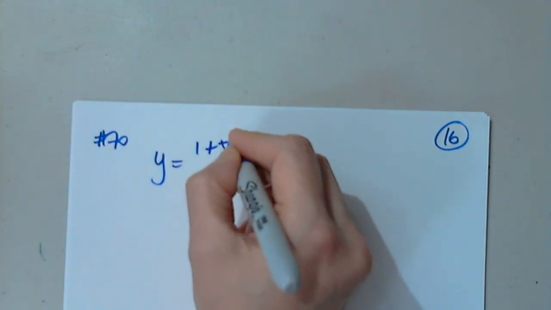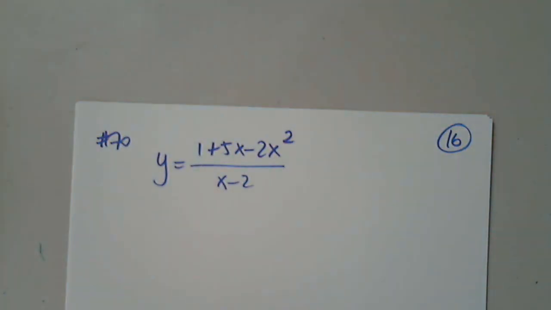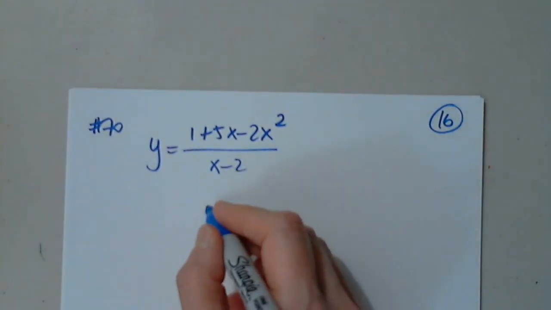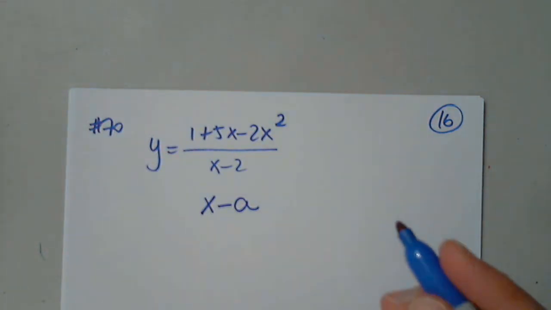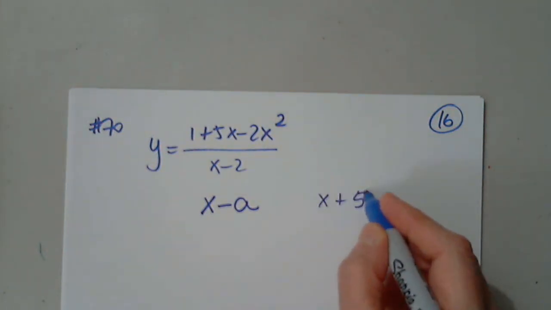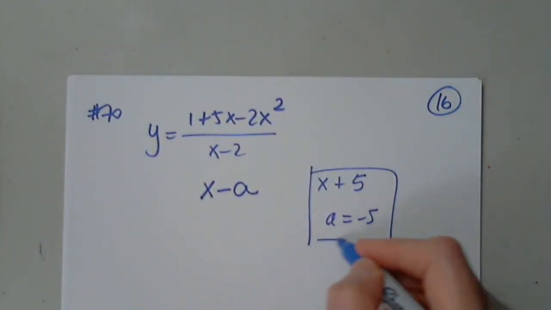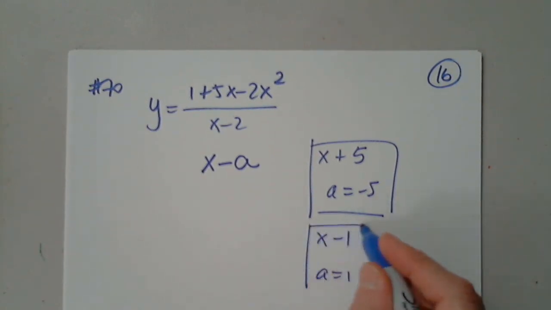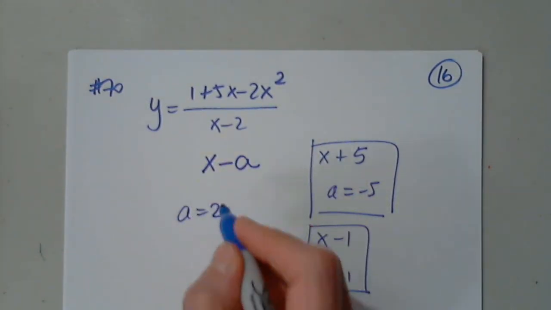Y equals 1 plus 5x minus 2x squared divided by x minus 2. So we have two possibilities here because the denominator is x minus a. If it's x plus 5, then a equals negative 5. If it's x minus 1, then a is 1. Here it's x minus a, where a is 2.